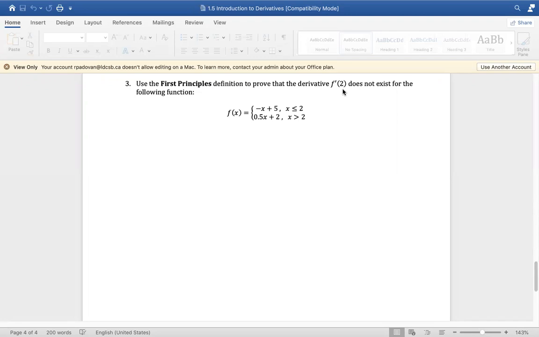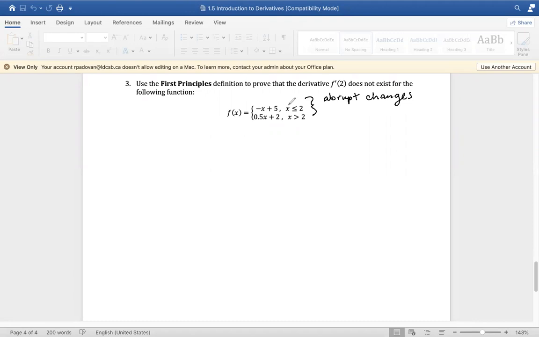So first of all, I can see here that these are abrupt changes. Because I can see that this is negative x plus 5. So that looks like y equals mx plus b.